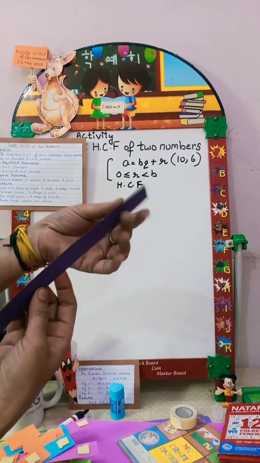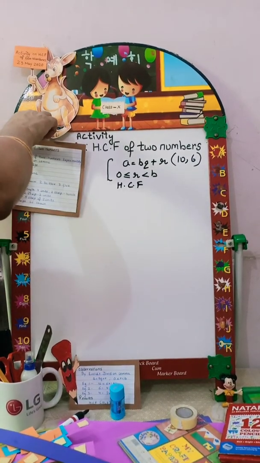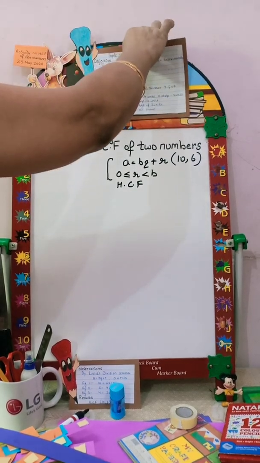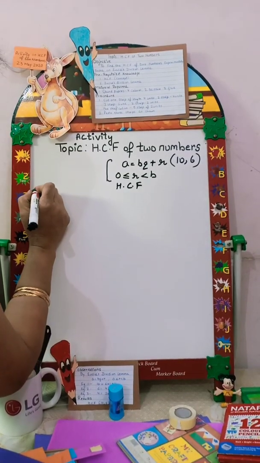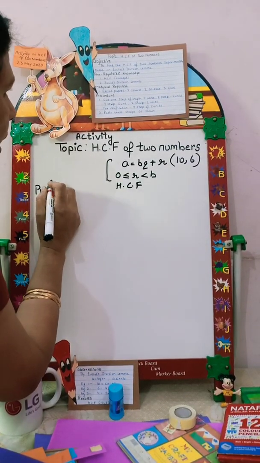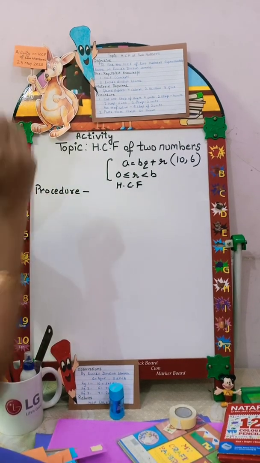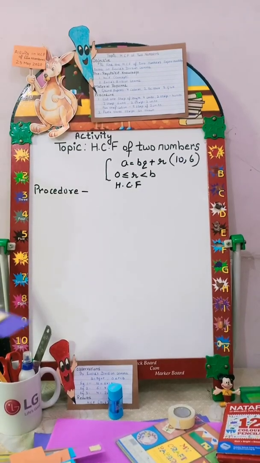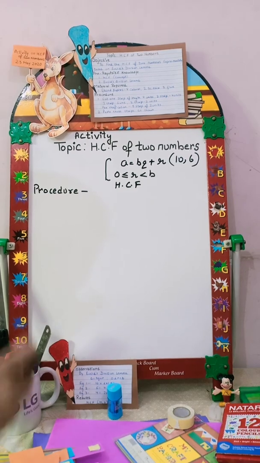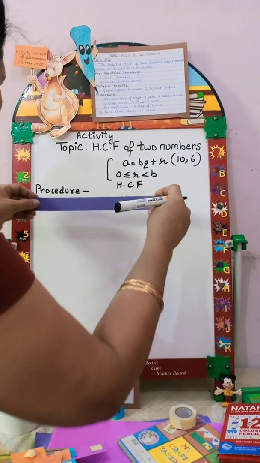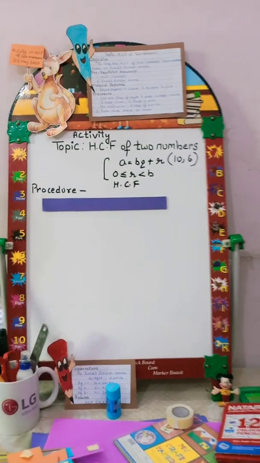Okay, let's start. First of all, take a 10 centimeter strip and paste it here. Now I am going to tell you the procedure of the activity. First I am taking a 10 centimeter strip and pasting it like this.